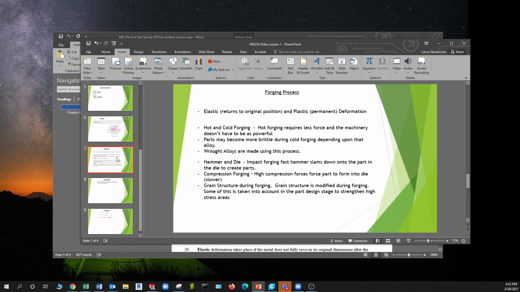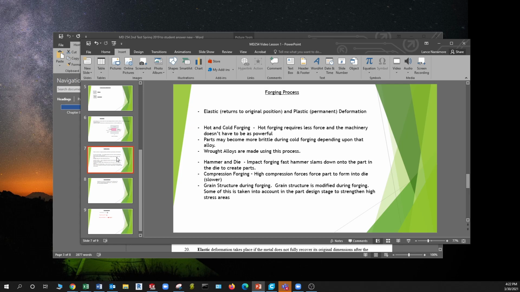So that's kind of the impact forging, but there's also compression forging where you just take a hot part or a cold part depending on the alloy and what process you're doing, but you take that and you put it into a giant press and it just squeezes the part into shape, and it squeezes it up against a die, or you may just be squeezing it to change the shape of the metal, but it doesn't have to be impacted.